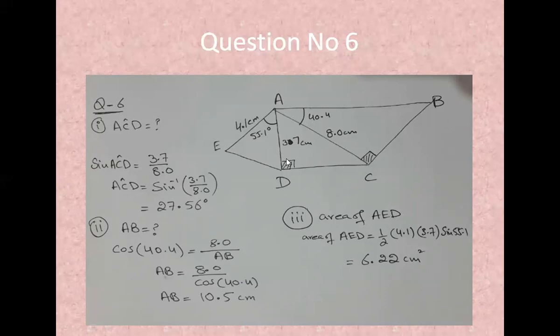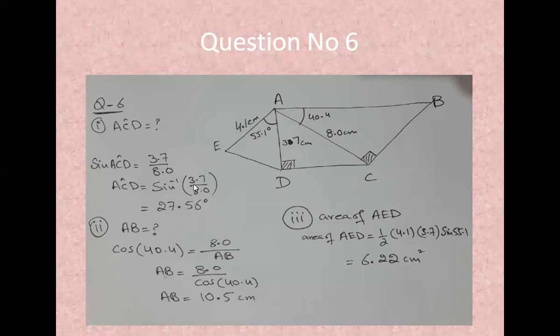It's a right angle triangle. If I take this angle, which is unknown, then this will be my perpendicular opposite to it, and this will be my hypotenuse. So I can apply the simple sine. Sine ACD is perpendicular by hypotenuse, 3.7 divided by 8. So I take this sine to the other side, it will become sine inverse.